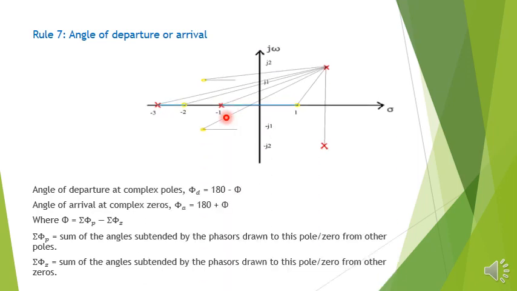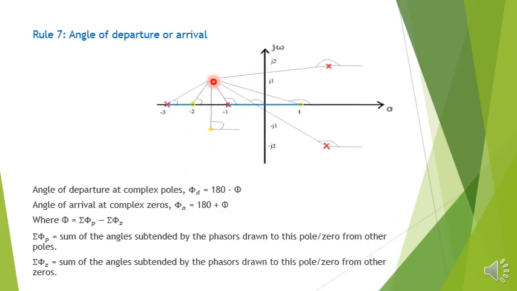Now if I consider this particular pole, these are the phasors drawn from the poles and zeros to this pole. One line is from this pole, this zero, this pole, and so on. The sum of the angles subtended by other poles is sigma phi p. The angles subtended by these zeros give sigma phi z, the sum of these four.